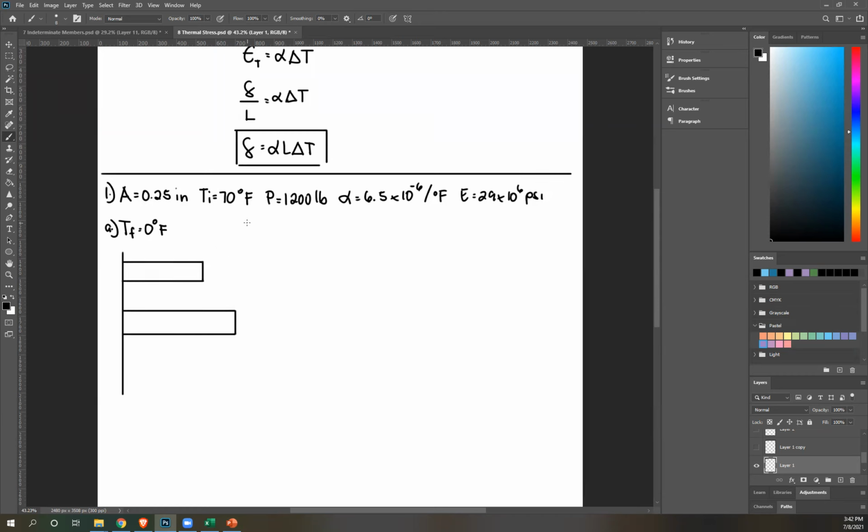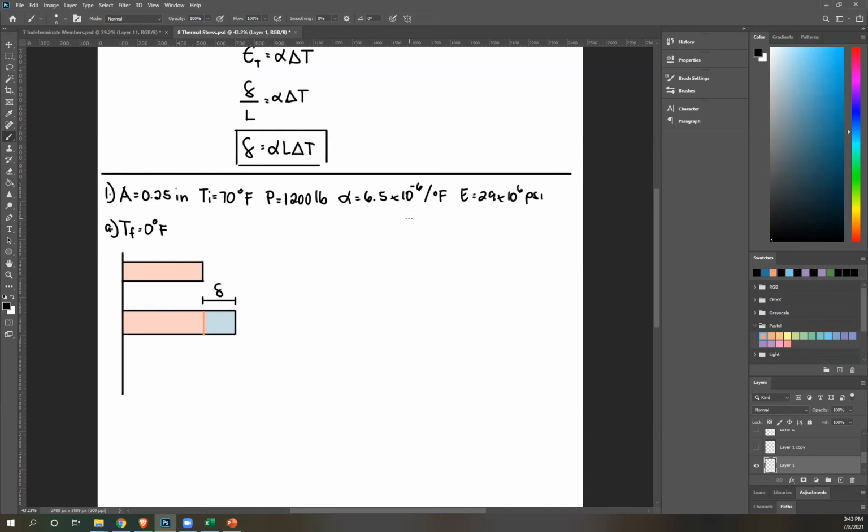Original length. And then, so this once again is our deformation due to load. Okay.